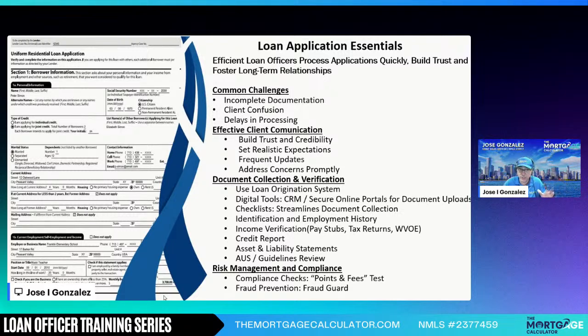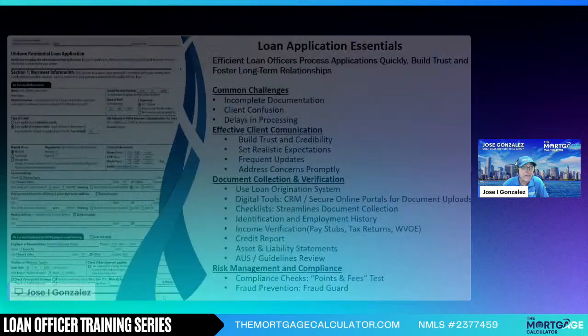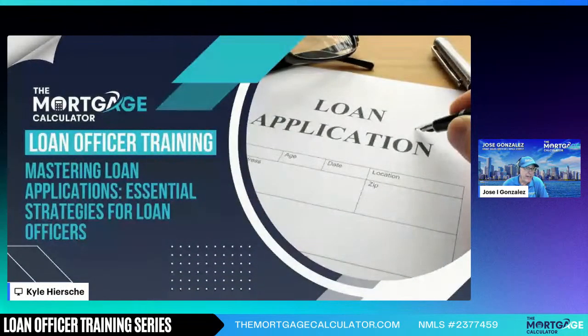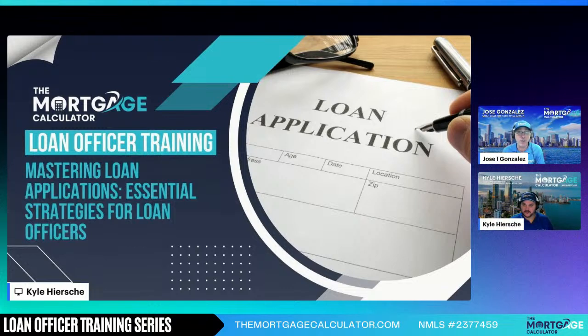So this is just within that whole pre-approval process is the loan application process. Follow these steps here, and you should have a pretty successful MLO career, because you're definitely going to meet all your closings and have a lot of satisfied borrowers.